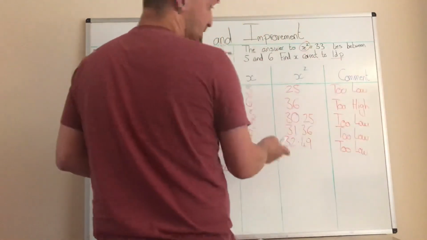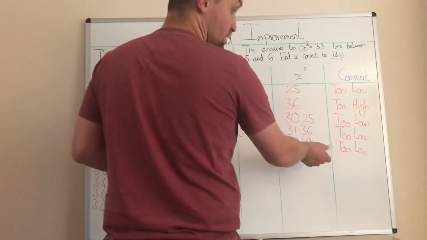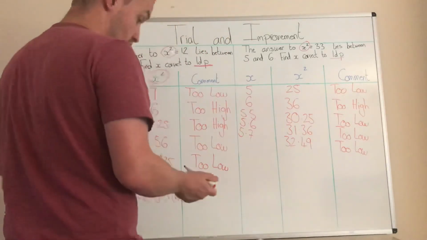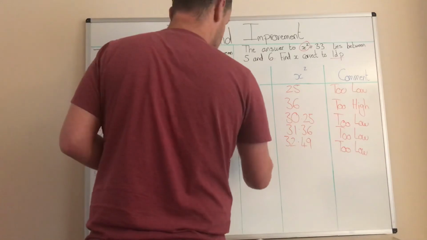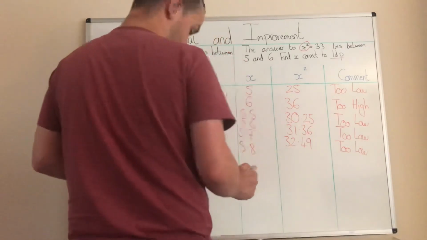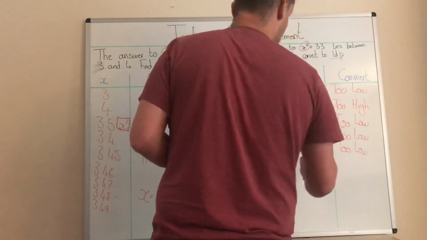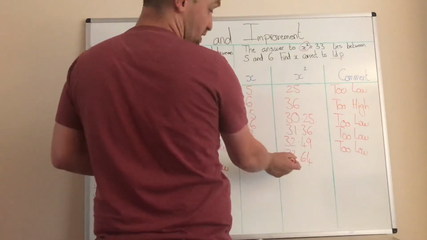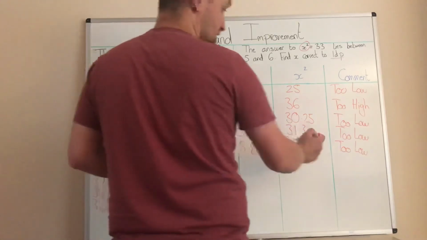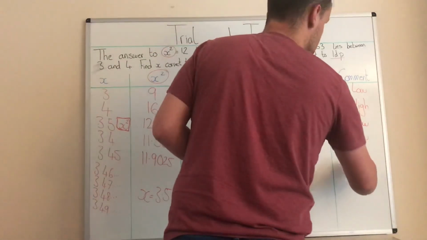Check this pattern now: too low, too low, too low. We haven't broken the pattern yet. So we're going to go to 5.8. 5.8 squared is 33.64. We wanted 33, but we got 33.64, so we're actually too high this time.